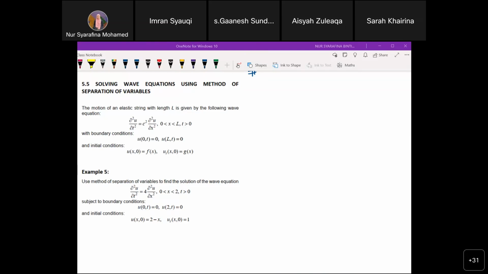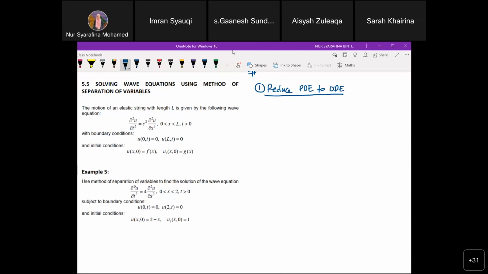The wave equation here involves U, X, and T. So first, you need to reduce the PDE to an ODE. Before you reduce, you need to identify your expected solution.